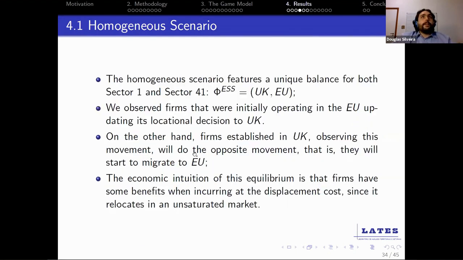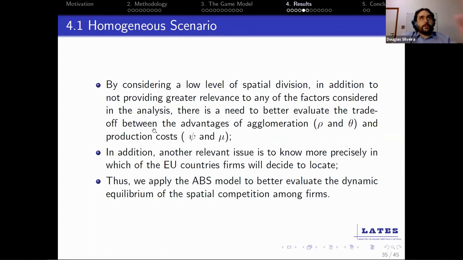So we see from this homogeneous scenario that, considering a low level of spatial division, in addition to not giving greater relevance to any of the factors considered, there is a need to better evaluate the trade-off between the advantages of agglomeration, which is given by our market potential and productive integration parameters, and compare them with the production costs, which is given by the labor force costs and the displacement cost.